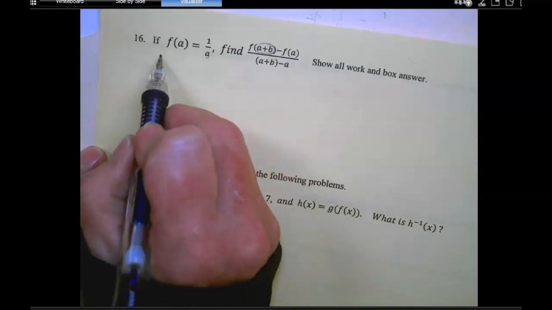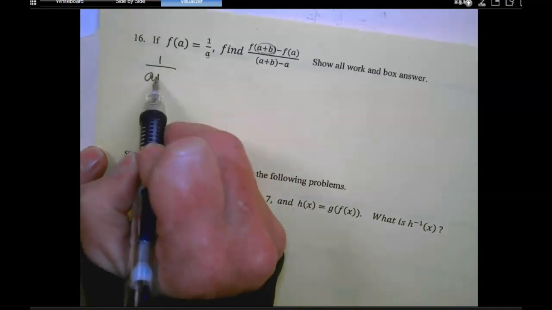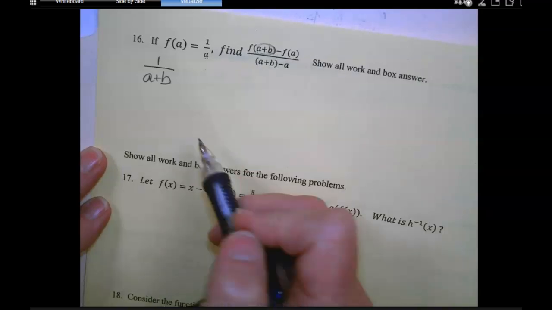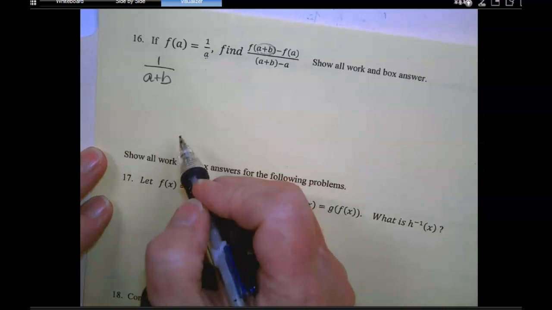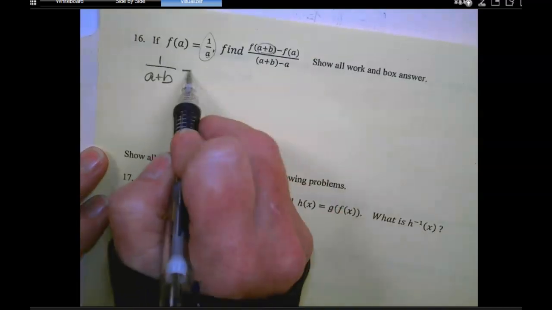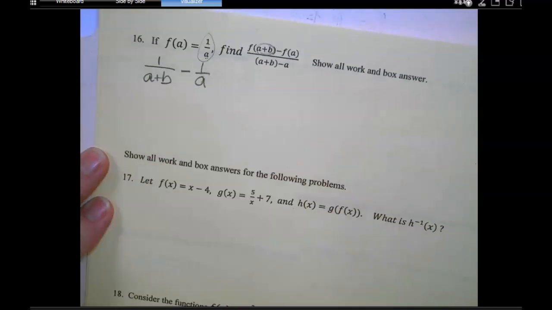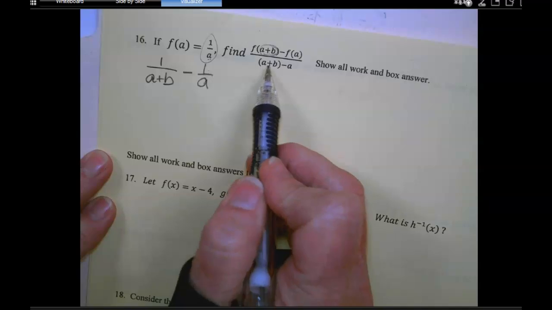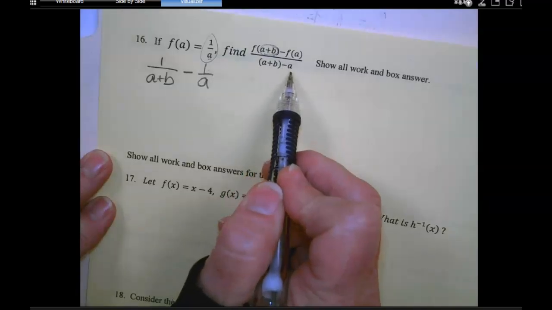So I'm going to do 1 over a plus b. And then it says minus f of a. What is f of a? It's this, right? Minus 1 over a. Is that okay?